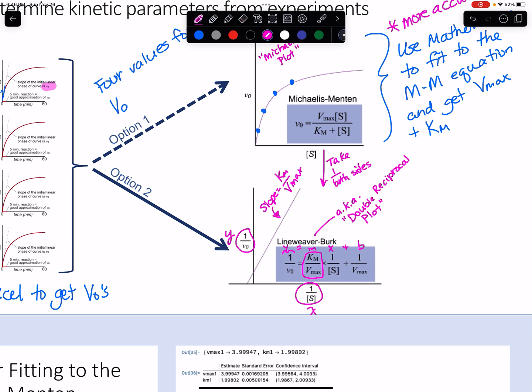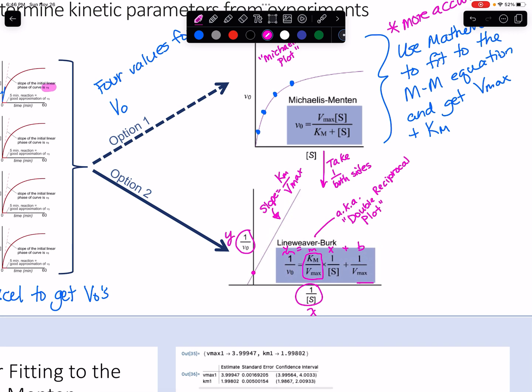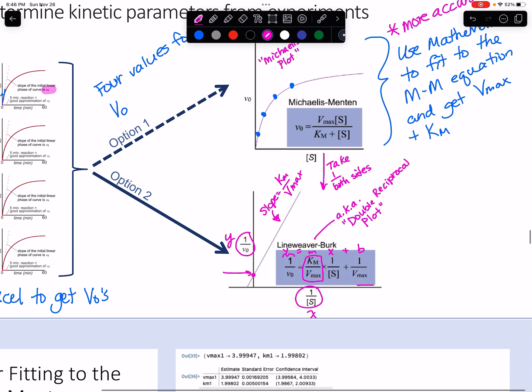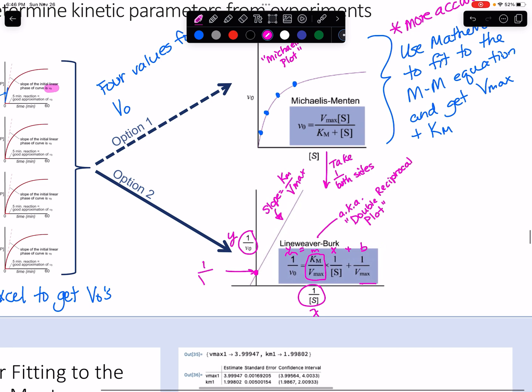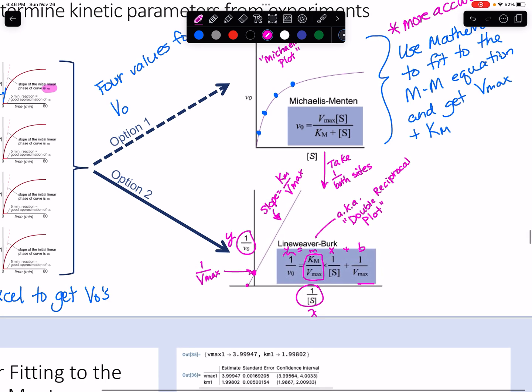And then your y-intercept, all right? The y-axis is 1 over a velocity, right? So b is our y-intercept, so that is 1 over Vmax. And then your x-intercept, okay, turns out to be minus 1 over the Michaelis constant.